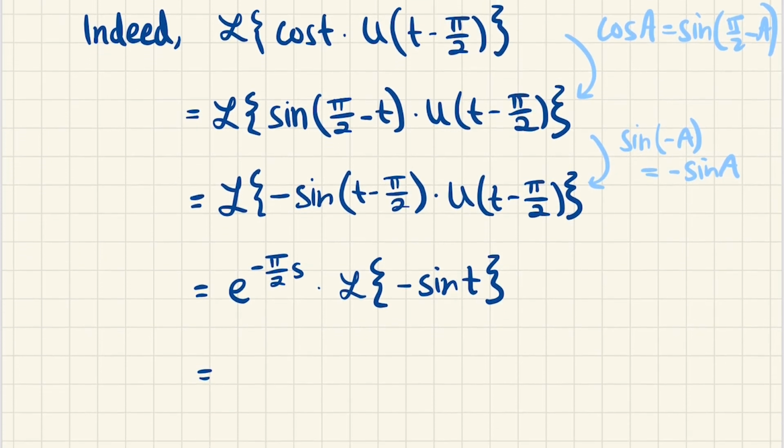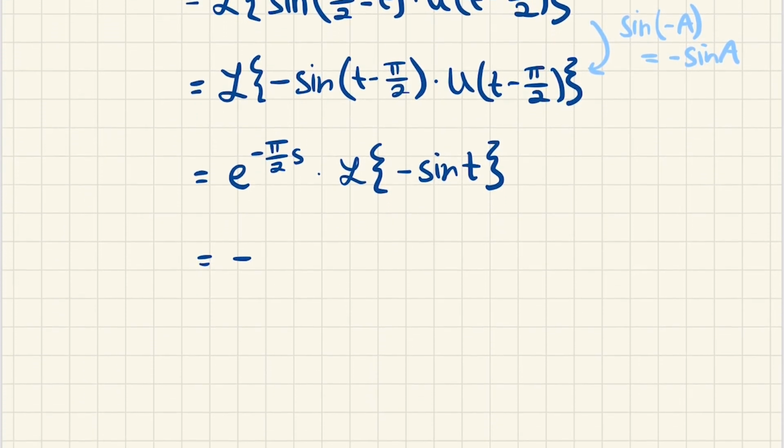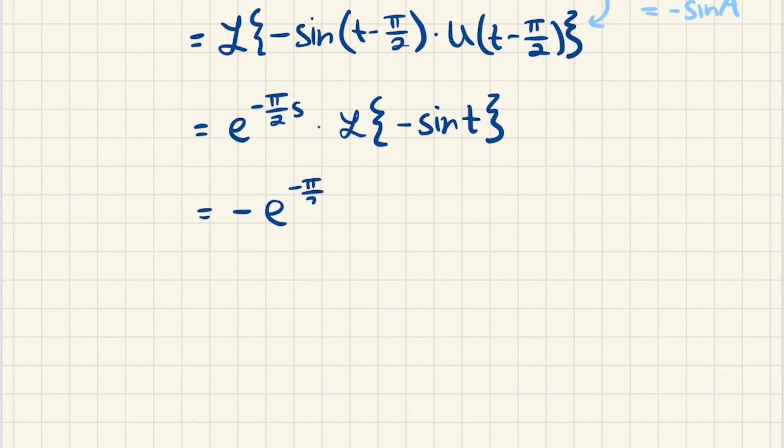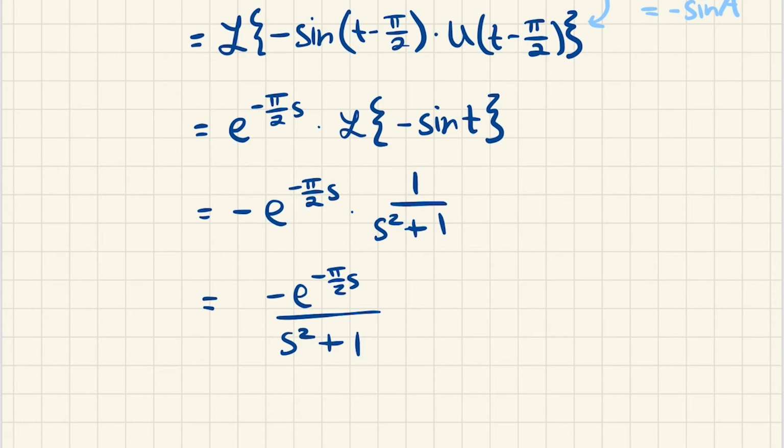Okay, well we can pull that negative out. So we have negative e to the negative pi over 2s. And the Laplace transform of sine of t, this is sine of kt with k equaling 1, would be k, which is 1, over s squared plus k squared, which is 1. So we get negative e to the negative pi over 2s over s squared plus 1.